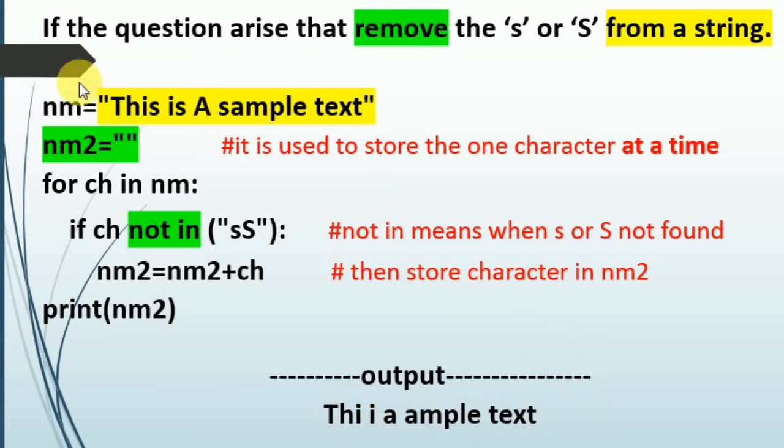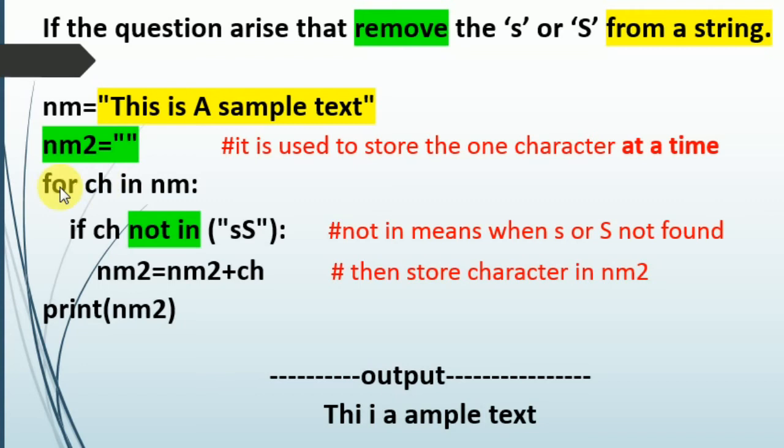Lines are the same. Only one thing that is needed, that is nm2 equals double quotes, an empty string, declared. This nm2 will store the characters from the first string nm, and which one is going to give that single character at a time? The ch.